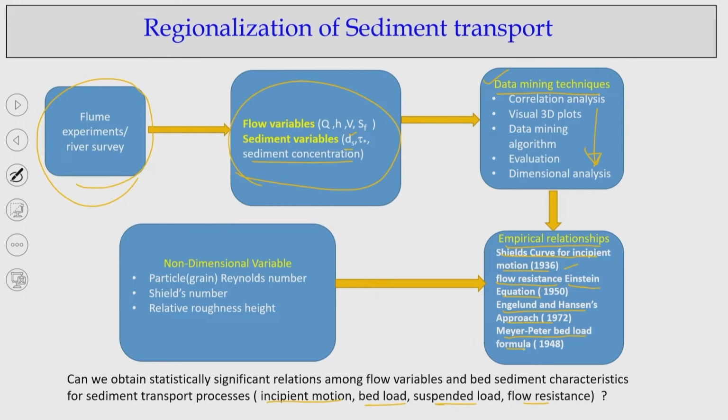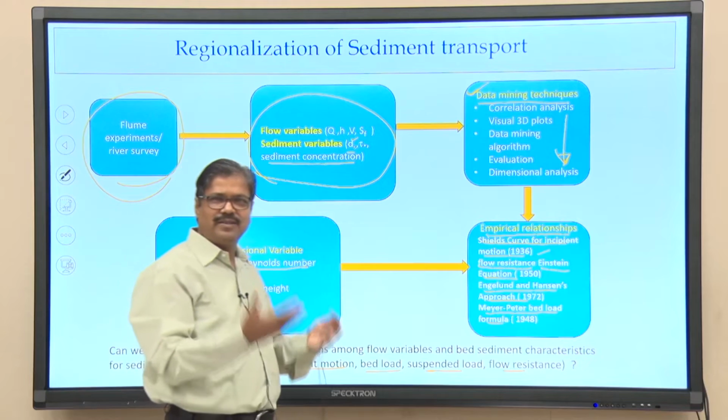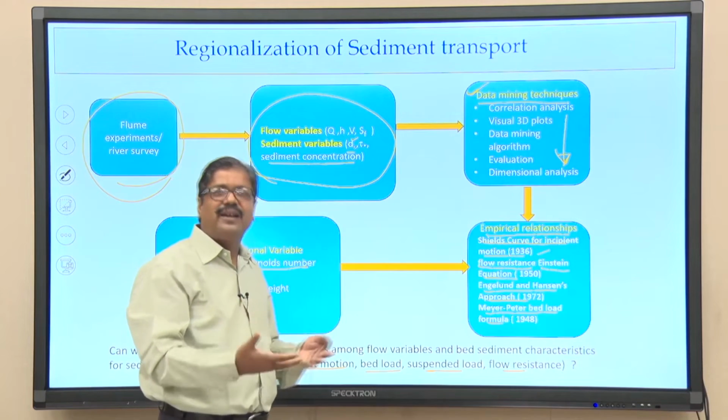These equations come from conducting a series of experiments at the flume level, collecting data from the field, from smaller rivers or bigger rivers, compiling all the data, and conducting data mining concepts to establish the relationships. These relationships are empirical relationships. New concepts were introduced, like the particle Reynolds number, as we discussed in the last class, or the grain Reynolds number.